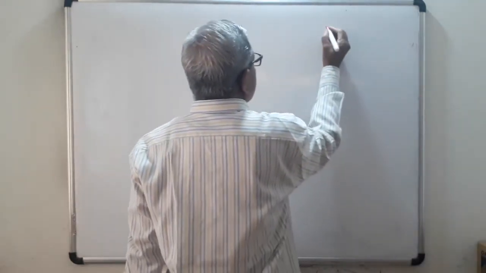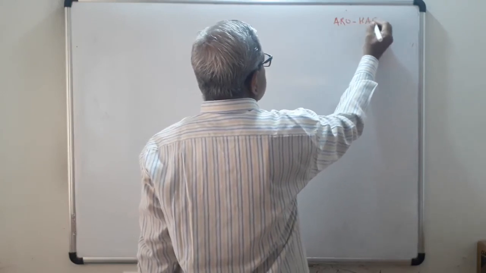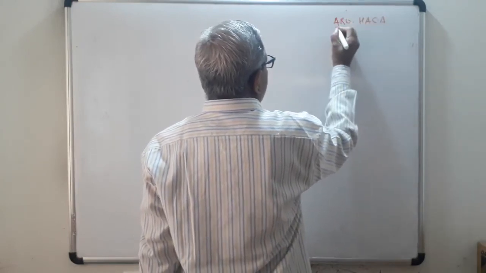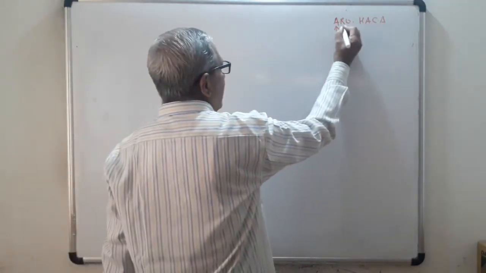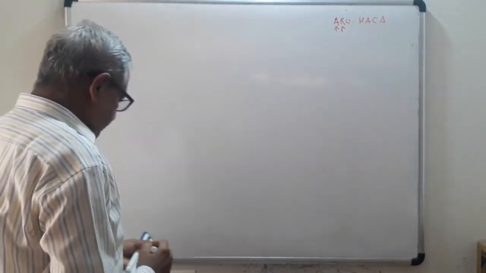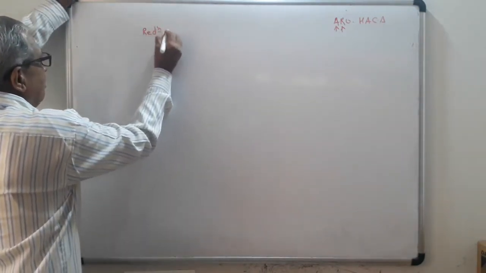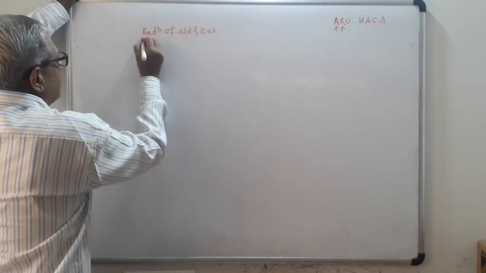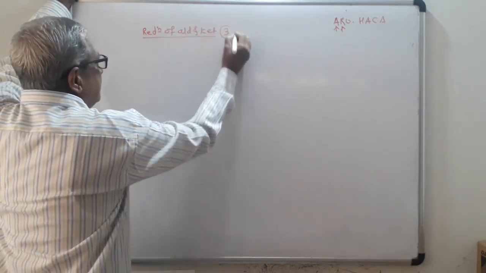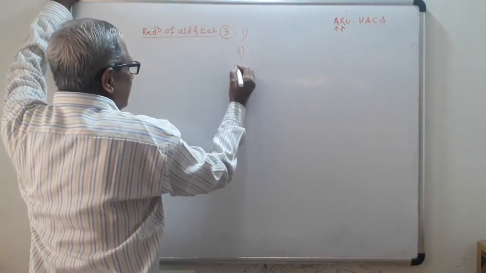We completed A, and now we are going to start R. R stands for reduction of aldehyde and ketone. These are the 3 types of reactions: first, second and third.